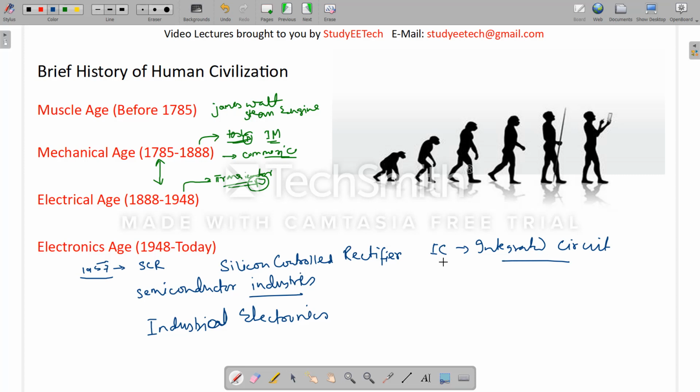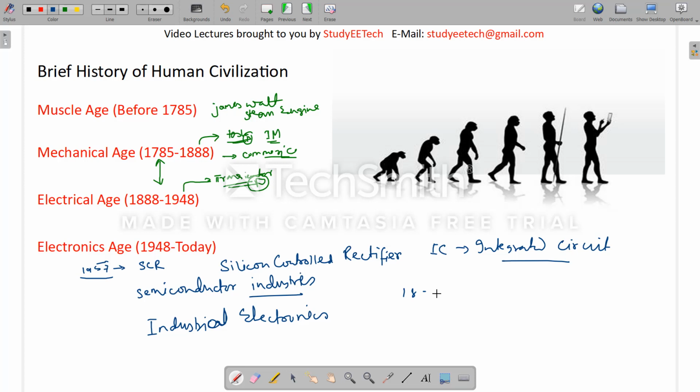With the invention of the integrated circuit, then came the processor. The first processor was developed during the mid 70s, if I am not wrong, maybe 1972, 73, that time. So the computer processor was developed.